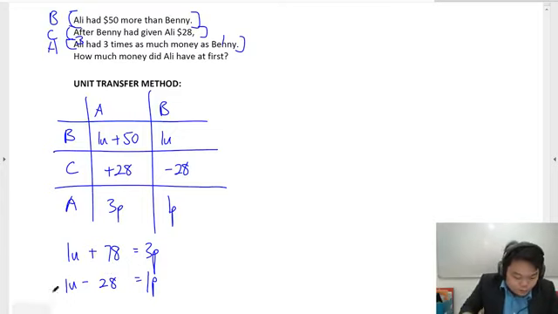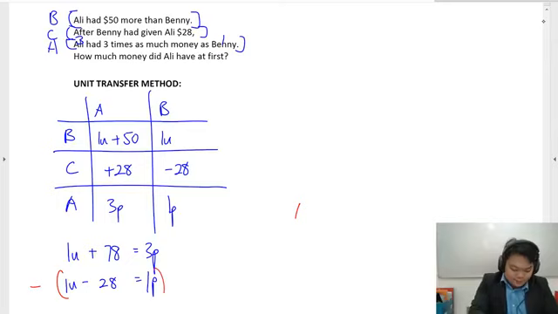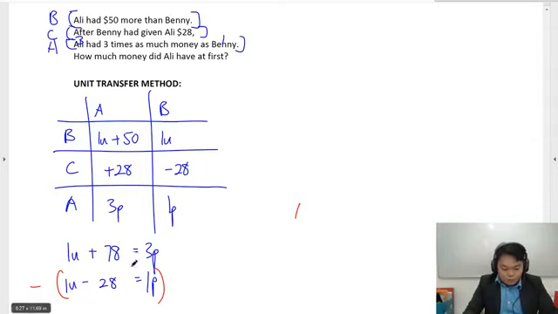In order to deal with this, some of the parents who are algebraically trained will teach your children to minus this whole thing. Nothing wrong with that, but you need to know how to deal with this. Because what most children will do is they will take 78 over here and simply minus off this 28 over here. Don't do that, because this minus sign affects all the terms inside this bracket.